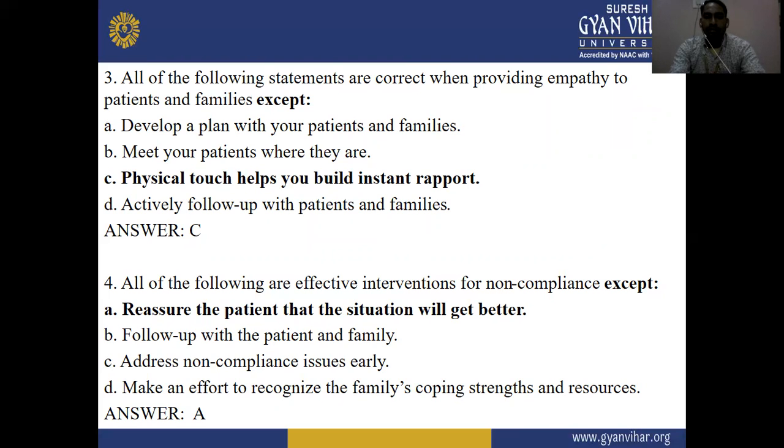Next question. All of the following are effective interventions for non-compliance except: option A, reassure the patients that the situation will get better; option B, follow up with the patient and family; option C, address non-compliance issues early; and option D, make an effort to recognize the family's coping strengths and resources.